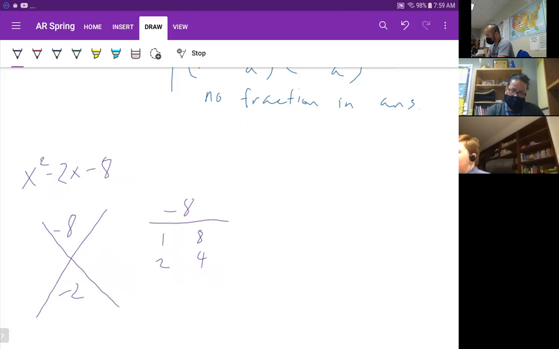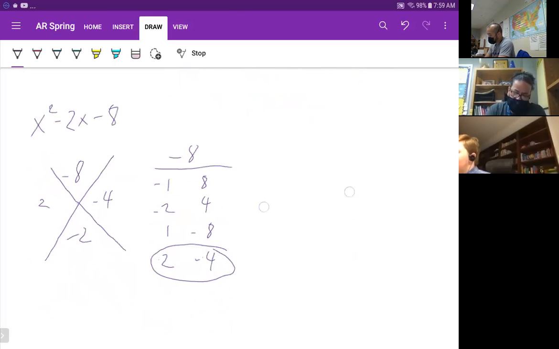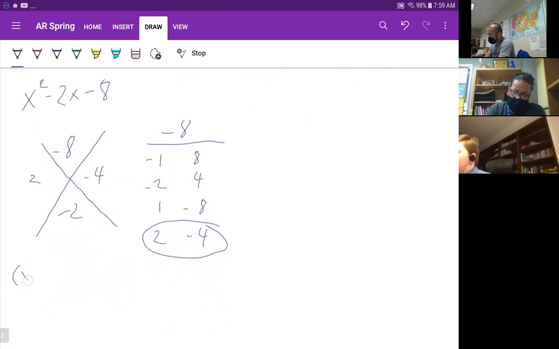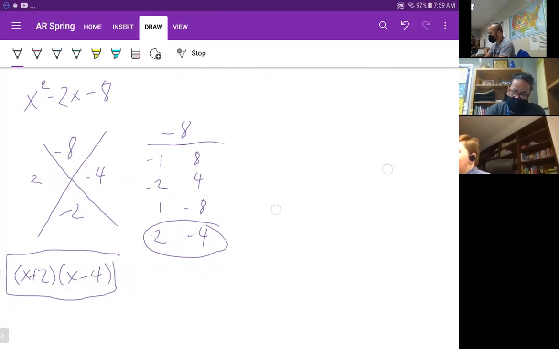So really it's this, and then 1 and negative 8, and then 2 and negative 4. So which of these combinations will add up to negative 2? It's this one. So 2, negative 4. So x plus 2, x minus 4 is the answer. Quick and simple, right?